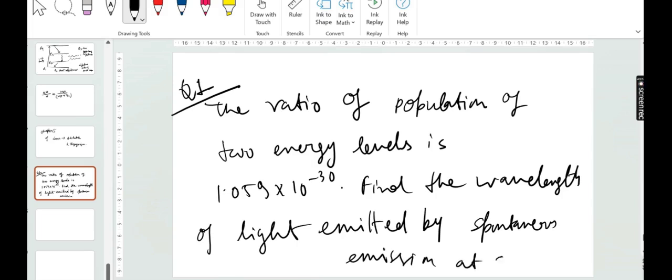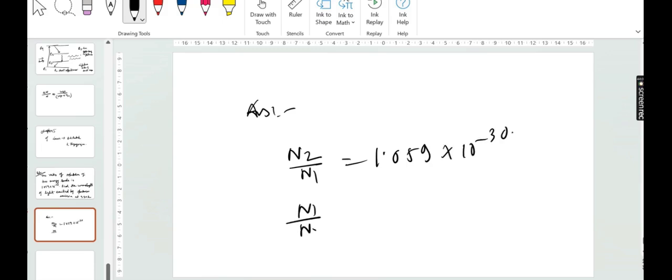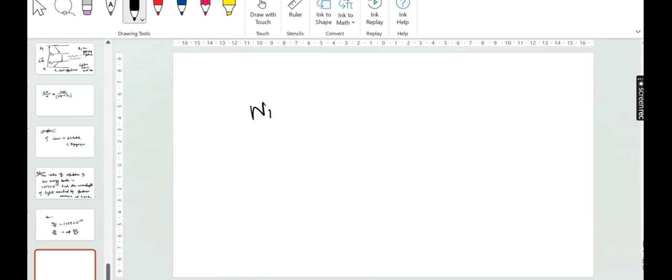So the answer is basically N2 by N1 is 1.059 times 10 to the power minus 30. We know N2 by N1 is exponential of minus h nu by kT from this discussion. Now h nu is hc by lambda.